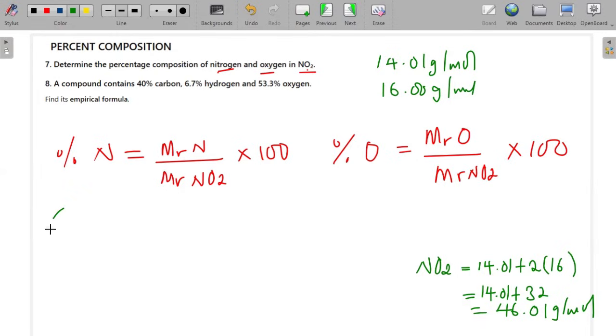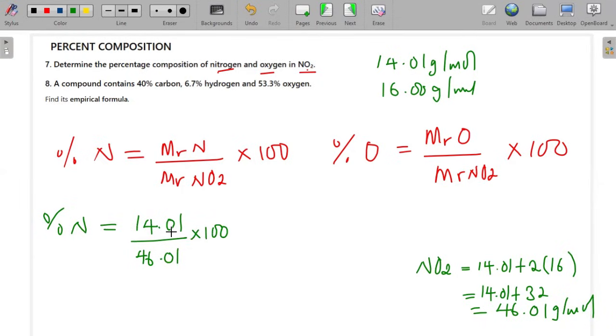Now the percentage of nitrogen equals the molar mass of nitrogen, 14.01, divided by the molar mass of NO2, that is 46.01, then multiplied by 100.